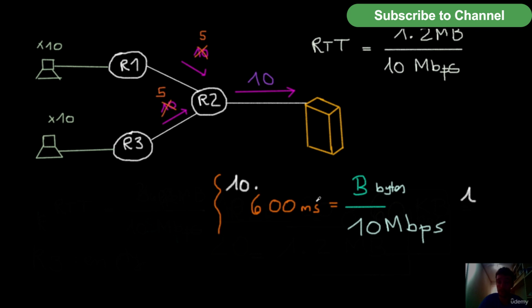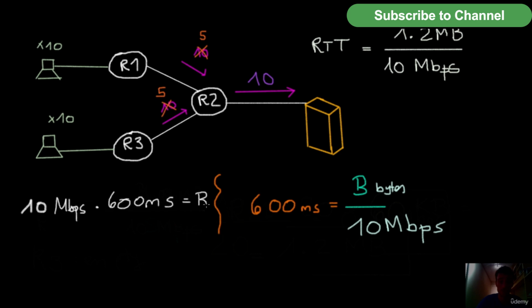So what we have at the end is 10 megabits per second multiplied by 600 milliseconds, and this is going to be equal to the value B. What we can do is transform this 600 milliseconds to seconds. We need to divide by 1000. This gives us the value in seconds, so essentially we have 0.6 seconds.